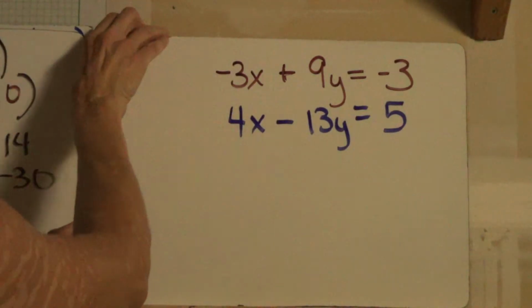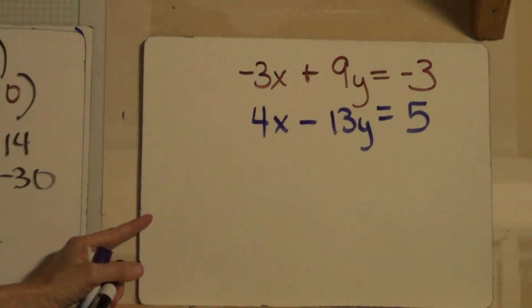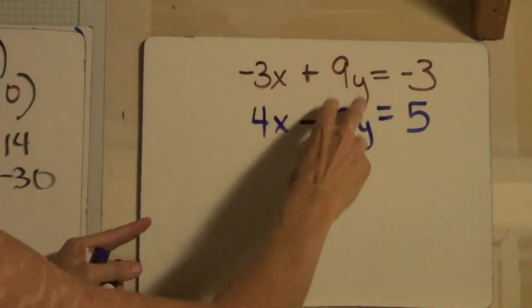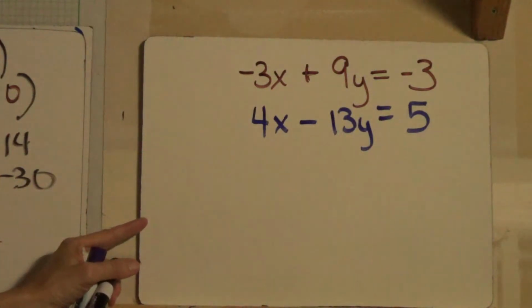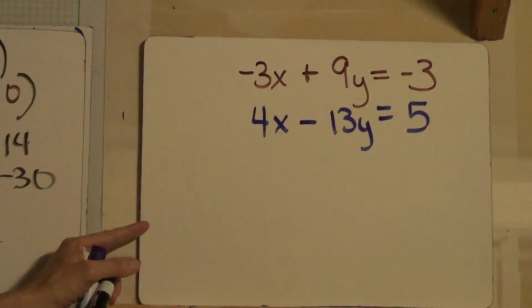Okay, here we go again. So you get to choose which you're going to do. I think it's a little bit challenging to multiply to get 9 and 13 to be opposites. 13's prime, and so you would have to take 9 times 13, multiply this one by 13 and this one by 9. So instead, I would get the x's to be opposites.